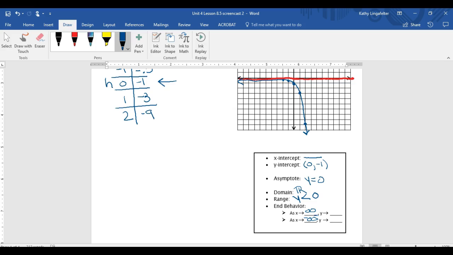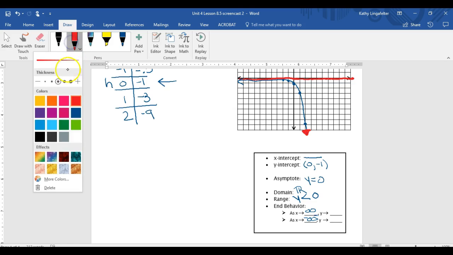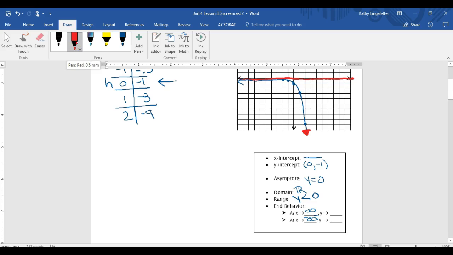So when we look at x heading to positive infinity, we're looking at the right end of the graph. I ask myself, is this shooting up or down? Well, this is shooting down. So down is where y heads towards negative infinity.